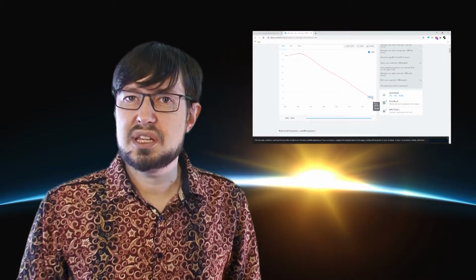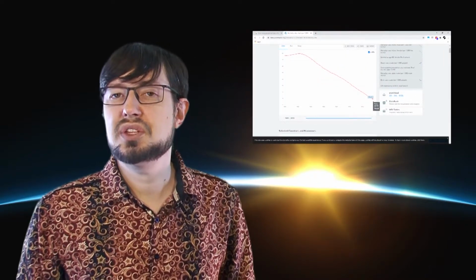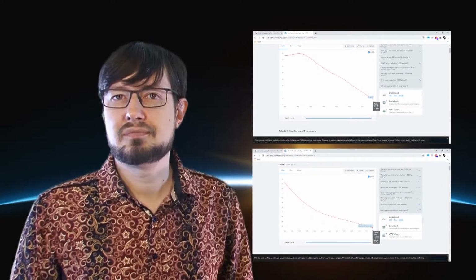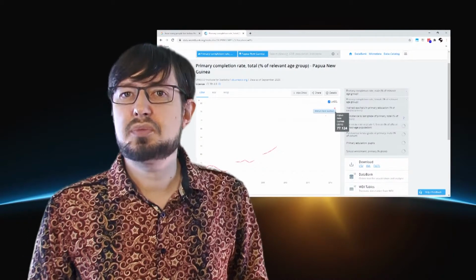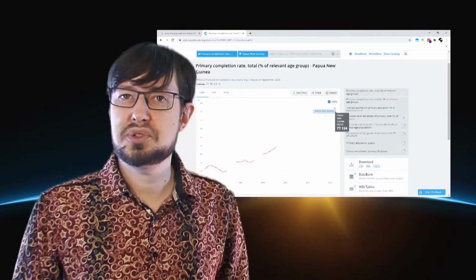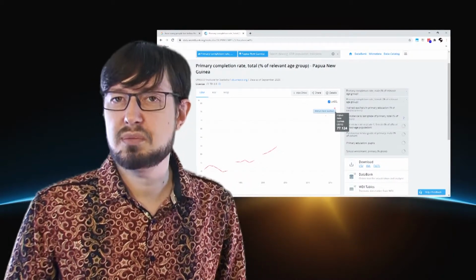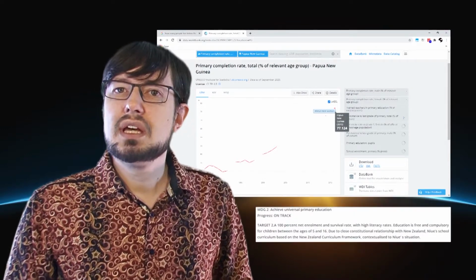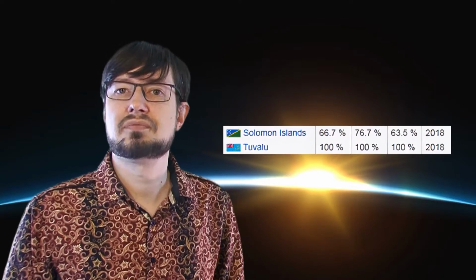Maternal mortality rate per 1,000 births is between 16 in Palau to 36 in Papua New Guinea. And just to conclude, the percentage of students completing primary schooling is 77% in Papua New Guinea compared to 100% in Niue. And the percentage of households with electricity is between 66% in Solomon Islands to 100% in Tuvalu.